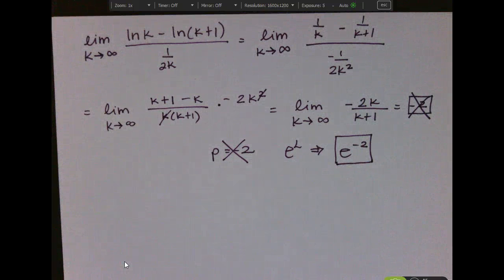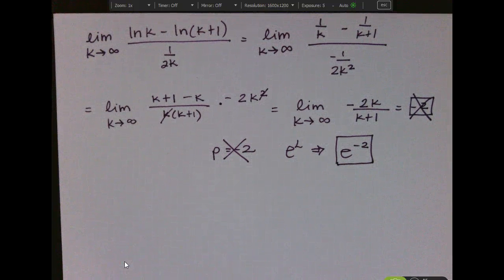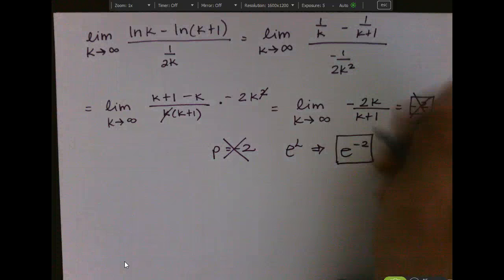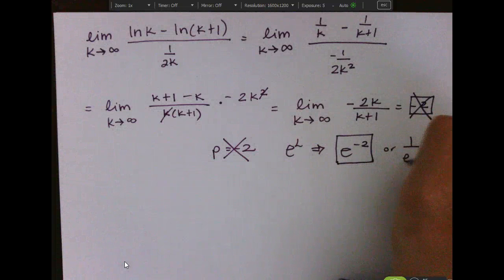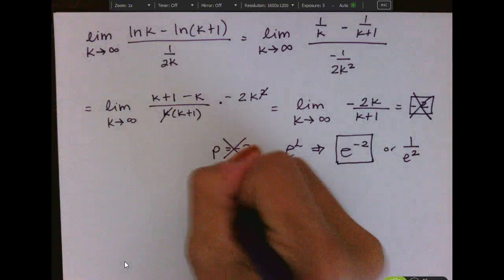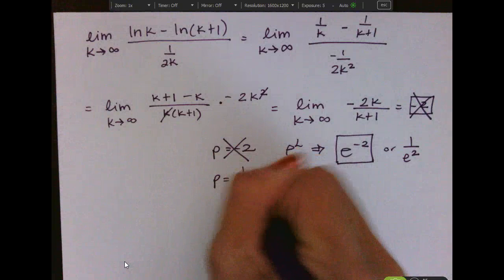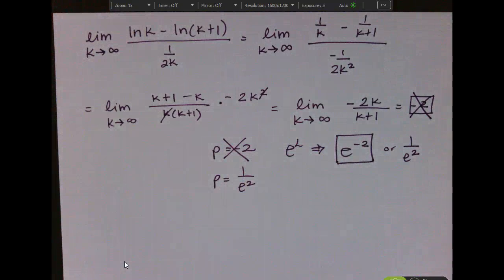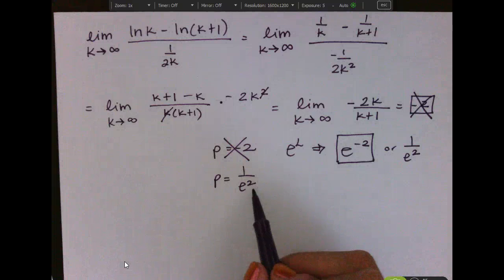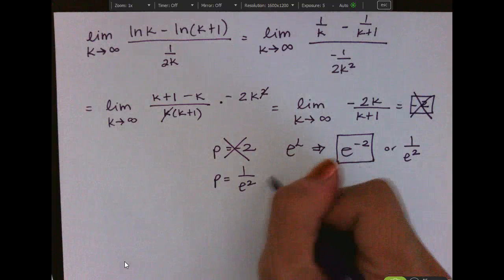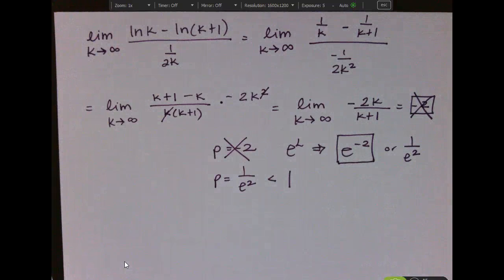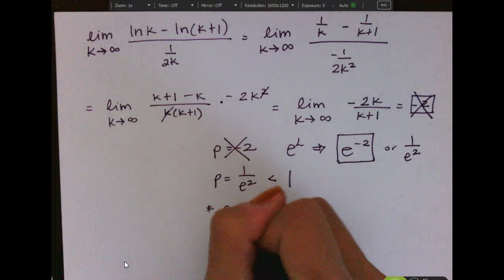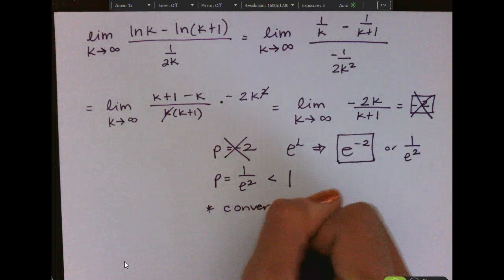I do it all the time, so hopefully you can just continuously remind yourself to not do that. So, my apologies. The p-value is 1 over e squared. That's what we want to use to determine whether it's convergent or divergent. So, how does that compare to 1? Well, that is less than 1, which means that the series converges.